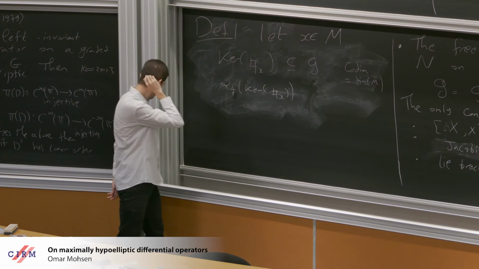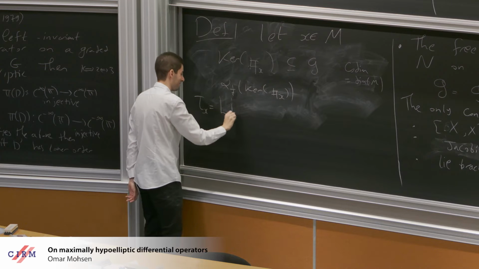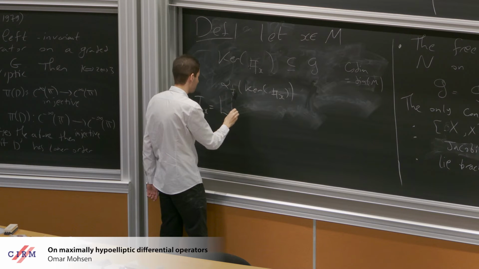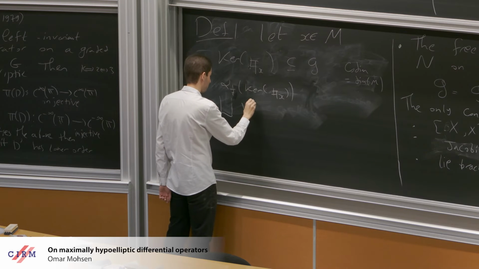The formula is this one. I will write it and then try to explain where it comes from. So it's the union of V orthogonal.